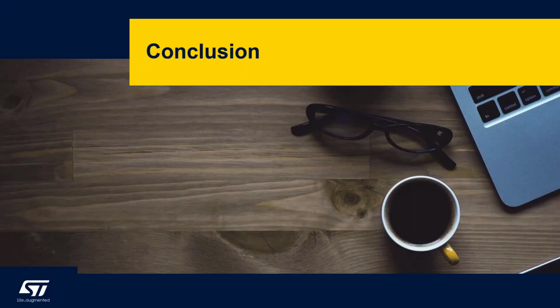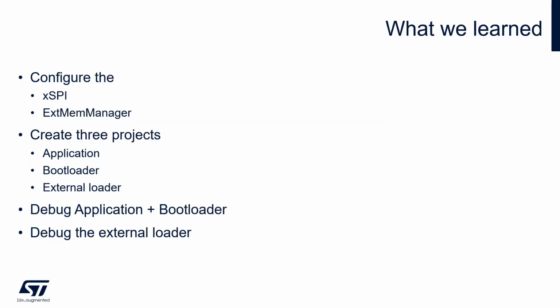To conclude, we finish our exercise. So what we did, we learned how to configure the XSPI peripheral. I showed you how to configure the memory manager, which basically did everything for us. So there was nothing to do or write on our side. So we didn't need to touch the bootloader or the external loader at all.